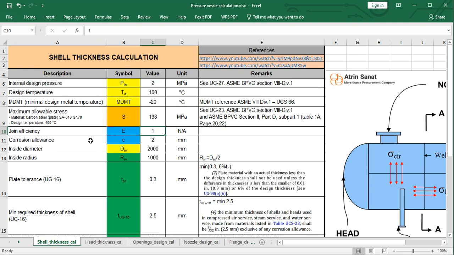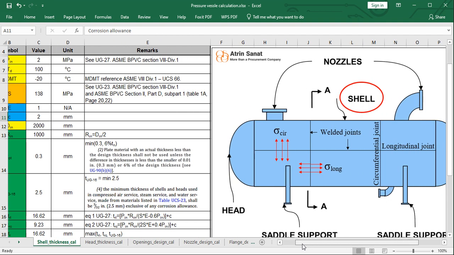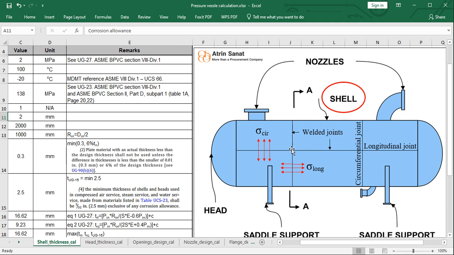The next parameter is the corrosion allowance, and this value is determined based on our actual needs. Our pressure vessel is designed to hold water, gas, oil, or chemicals, and over its lifetime, these kinds of liquid can cause corrosion on the inner surface of the vessel.